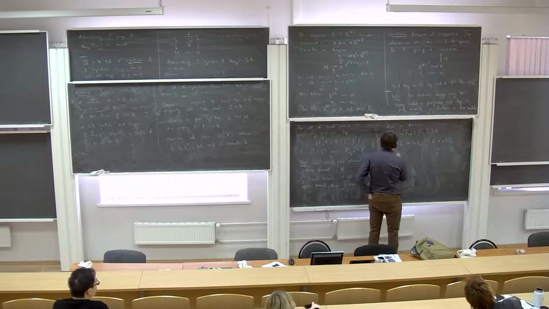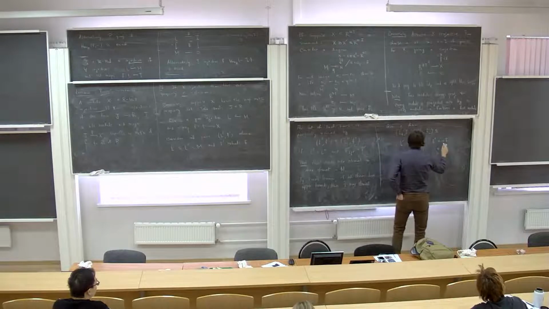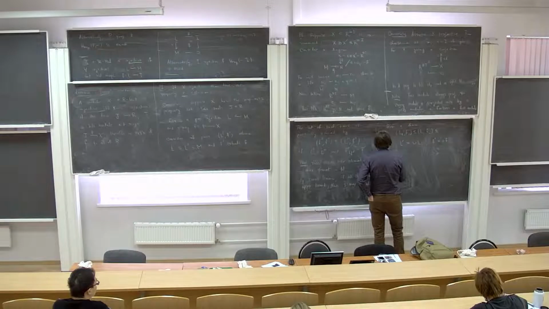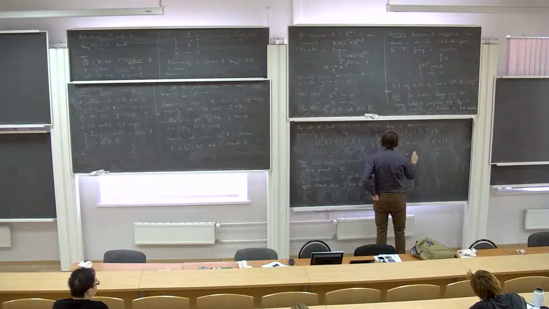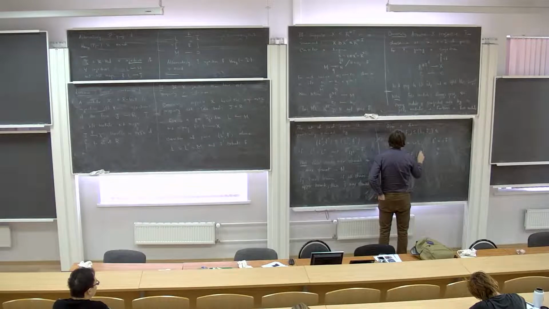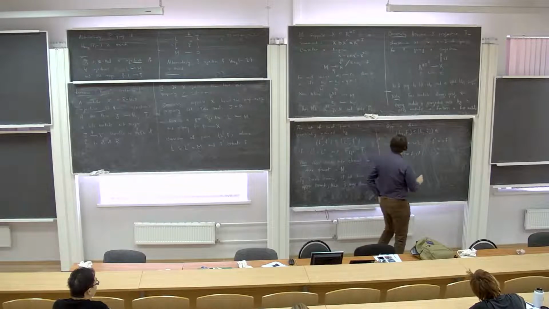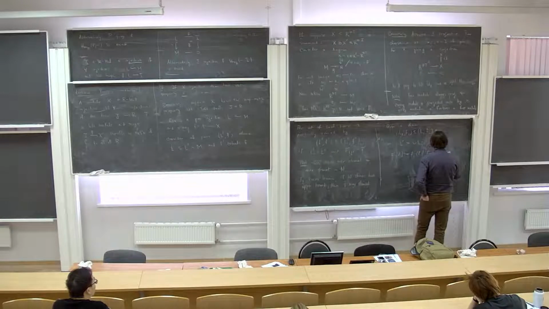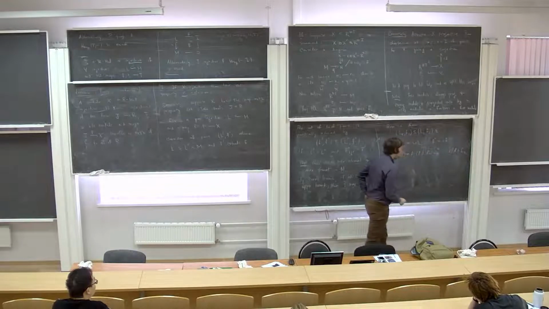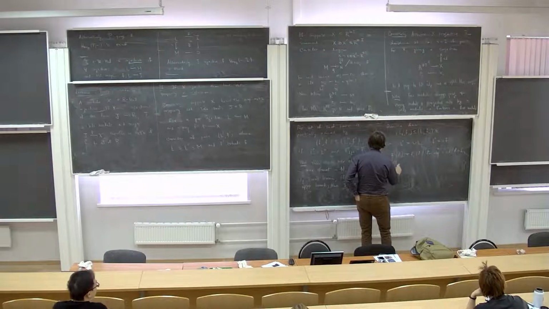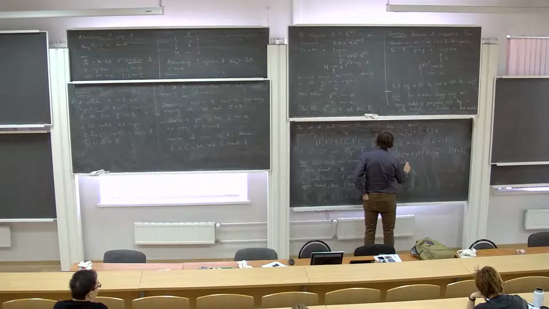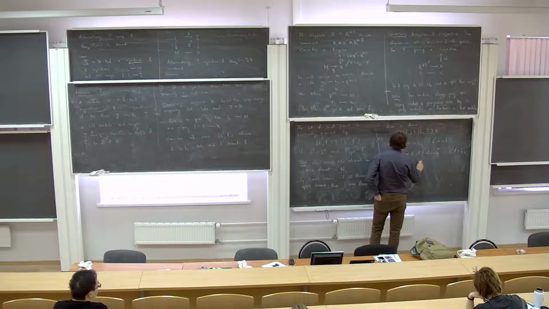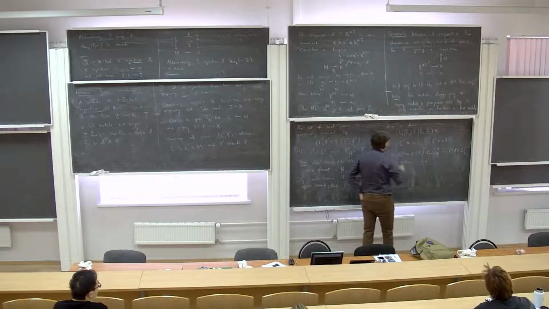So f prime of l is defined to be Fi of l for any i such that l is in Li, and that's well defined since it's a chain.